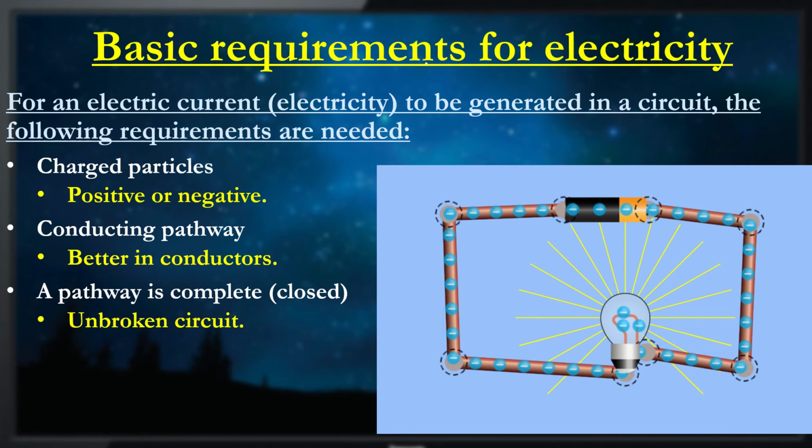In terms of the basic requirements to produce electricity, we're talking about electric current, that is. You need three things. You need, firstly, charged particles, that being positive or negative, regardless. Technically, you need both. You need a conducting pathway, a pathway where the charged particles can continuously move.